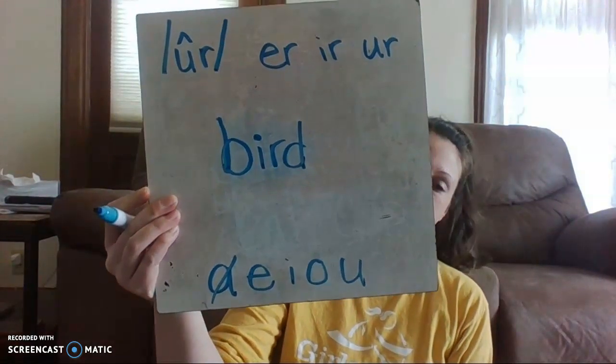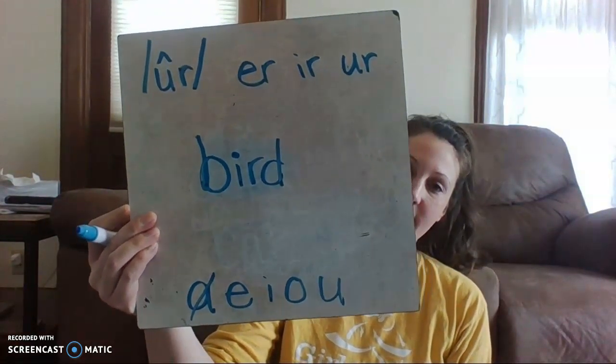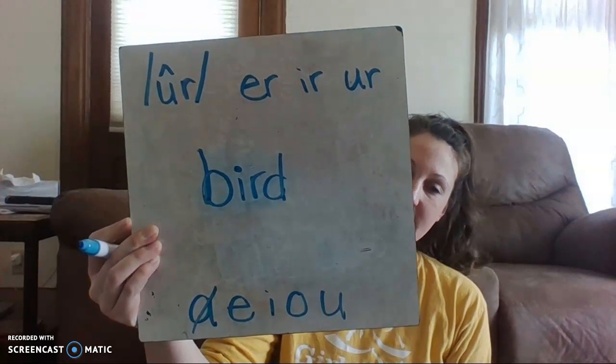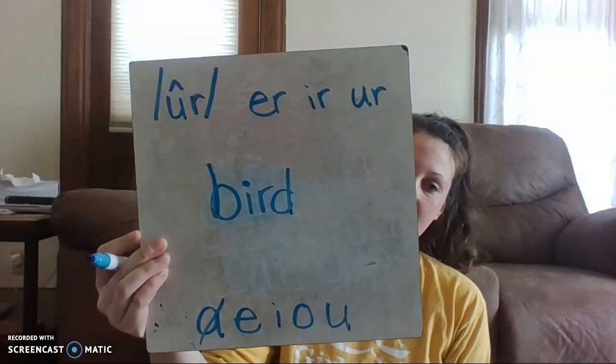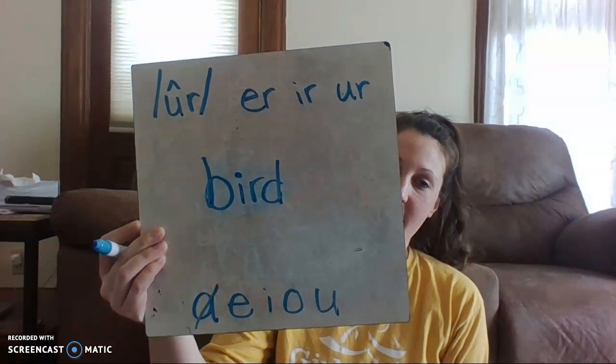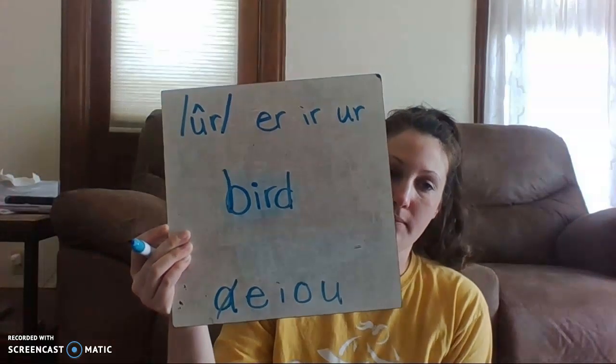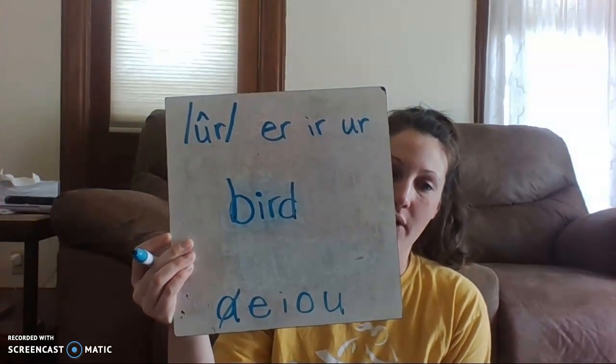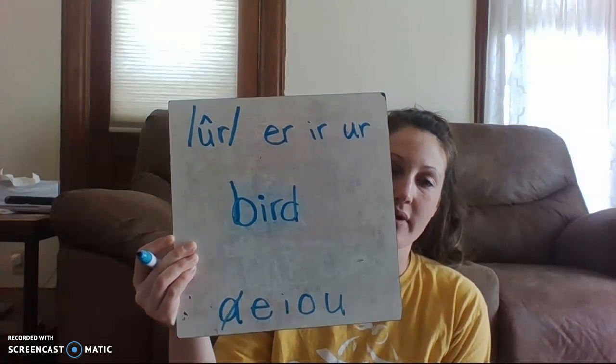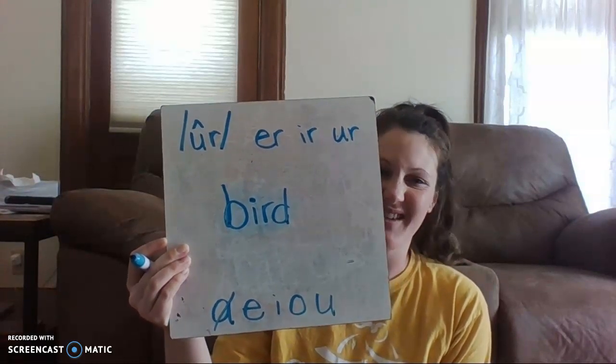All right, I'm going to write a word, and I want you to read it and think about what that says. So, we can try a short vowel first. B-I-R-D. No, that's not right.